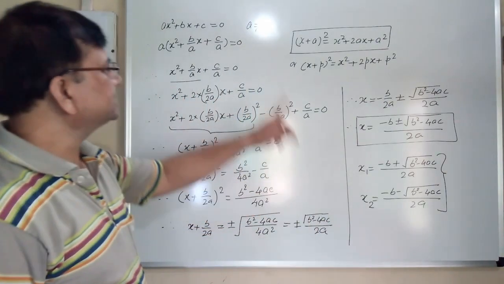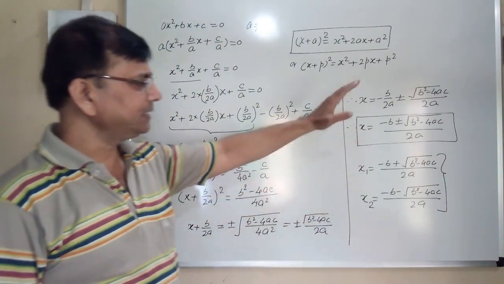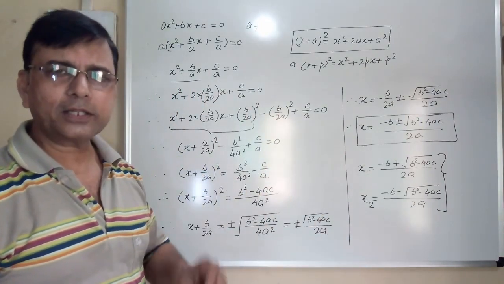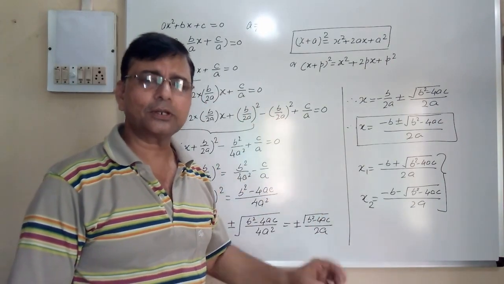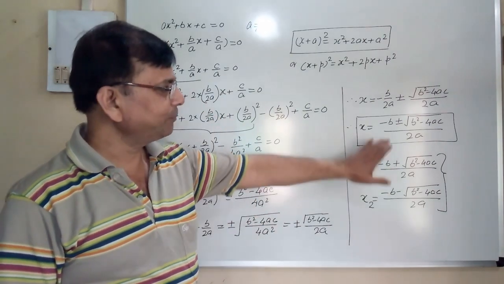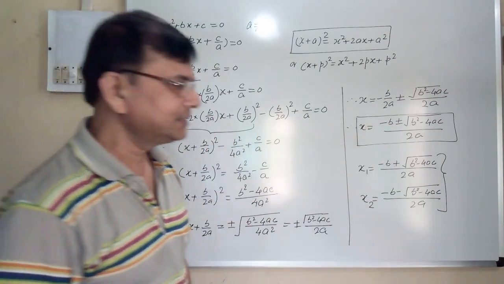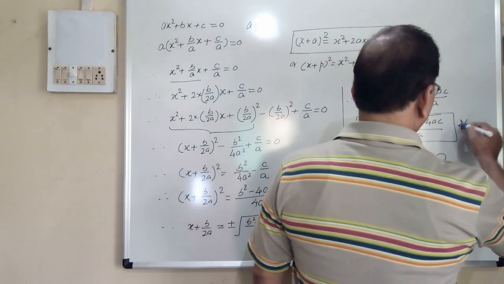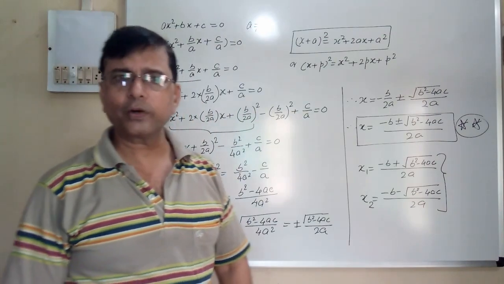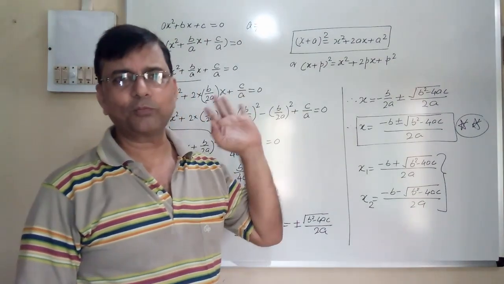And these values will satisfy this equation. So these two values are the solutions of the quadratic equation, or the roots, or the zeros of this quadratic equation. So you have to remember this formula. This is very important, right? To solve a quadratic equation you can use this formula as well.